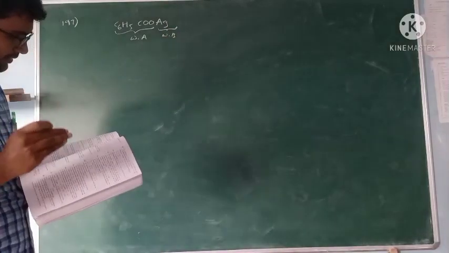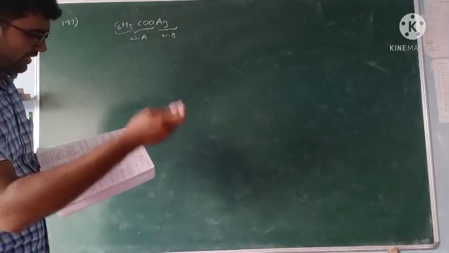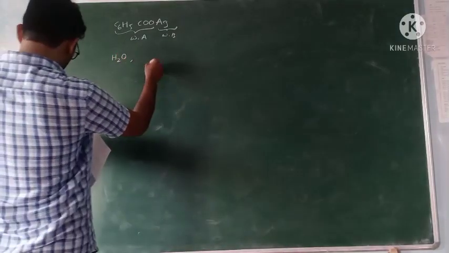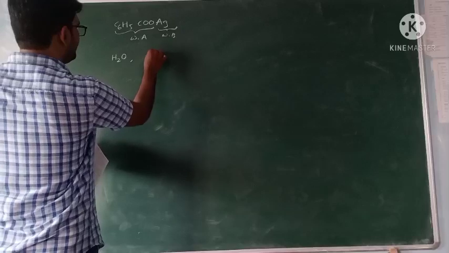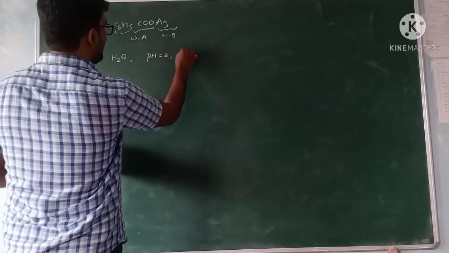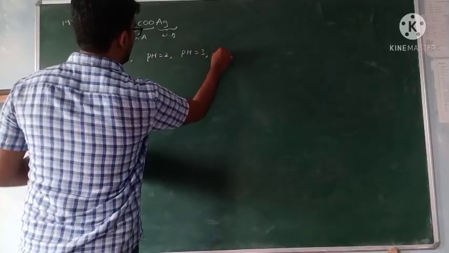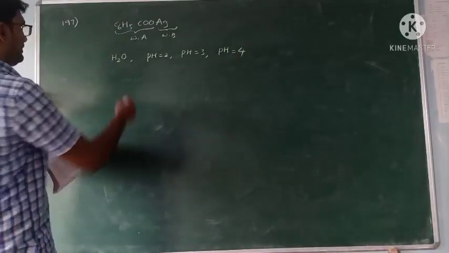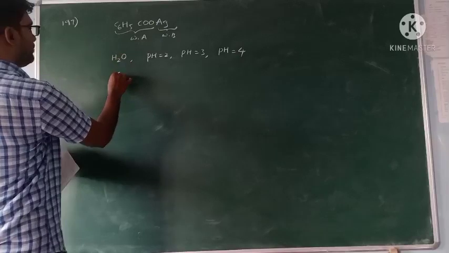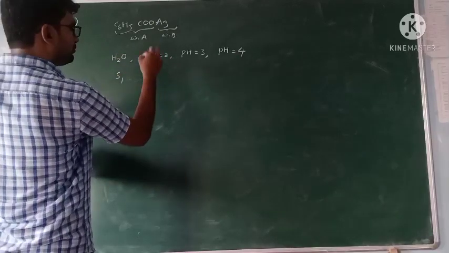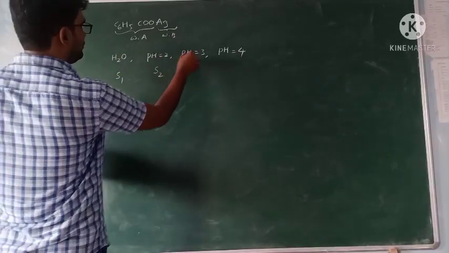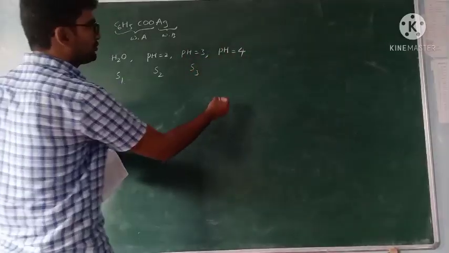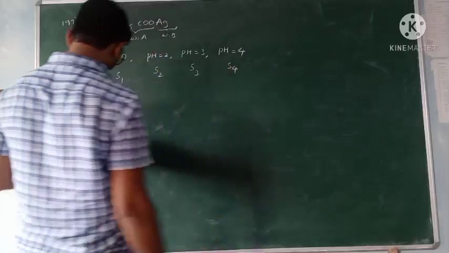Okay, this one: the solubility of silver benzoate in H2O, and at pH value 2, pH value 3 and pH value 4. In H2O the solubility is S1, in pH equal to 2 solution S2, in pH equal to 3 solution S3, in pH equal to 4 solution S4.